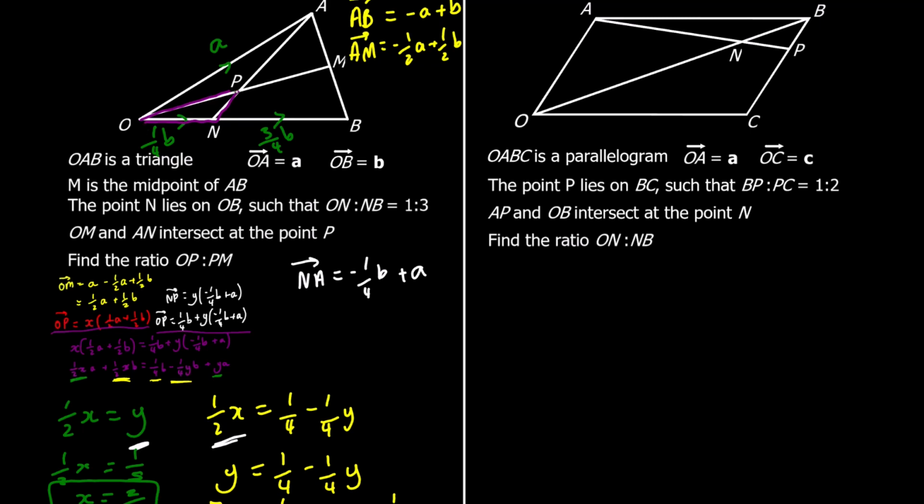So O to P is 2/5 of the journey, which means P to M must be 3/5 of the journey. So the ratio O to P to M is 2/5 to 3/5, or 2 to 3.